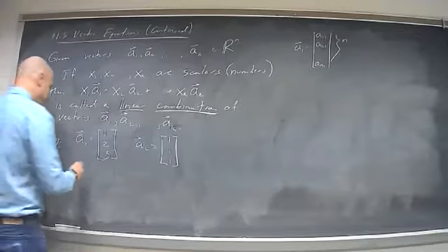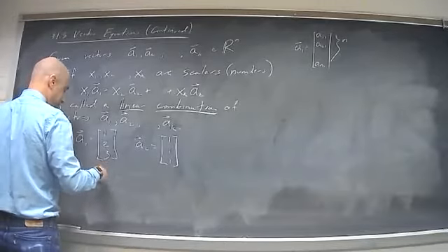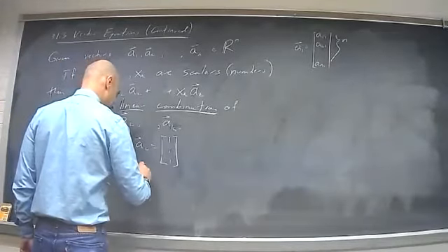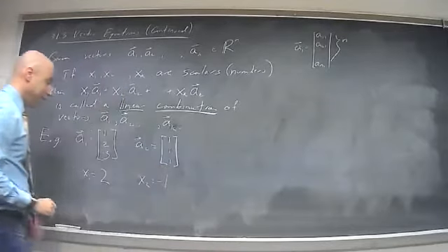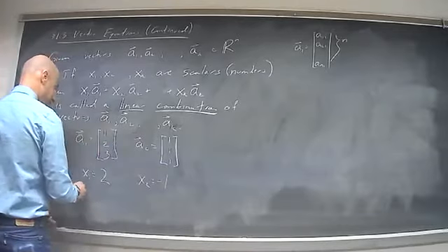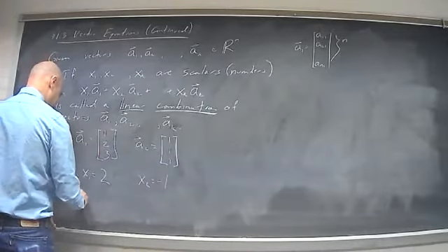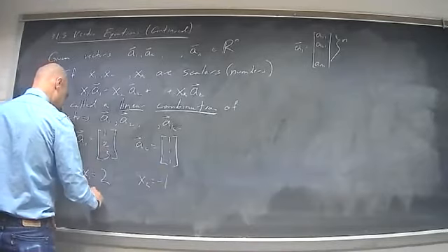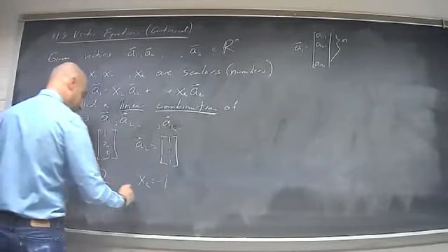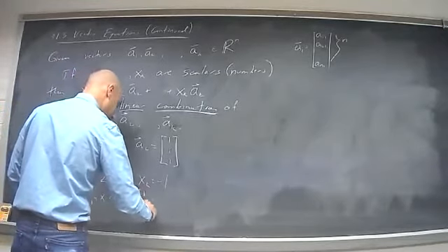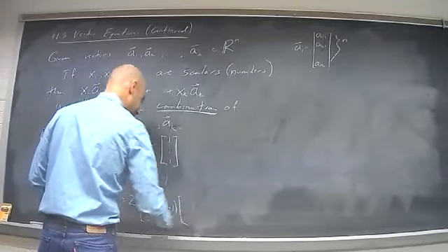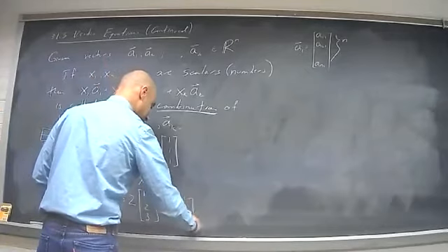And let's let x1 be 2, and x2 equals -1. Then here's a linear combination of these two vectors. So I can just take x1 times a1 plus x2 times a2, and so that is equal to 2 times the vector 1, 2, 3 plus -1 times the vector 1, 1, 1.